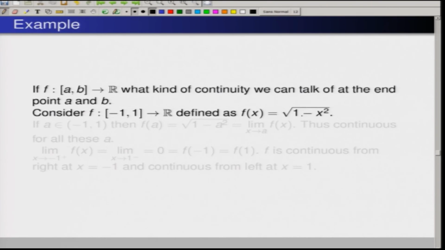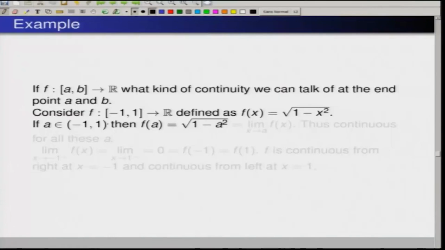Similarly, if x is less than minus 1, then x square is greater than 1, so this quantity is a negative number and we cannot define the square root. However, if x is in the open interval (minus 1, 1), then f of a is the square root of 1 minus a square.